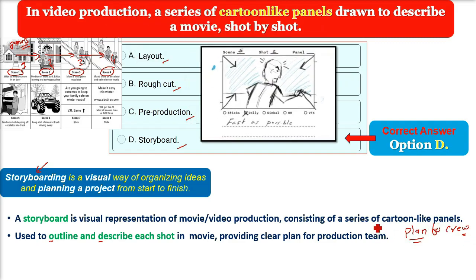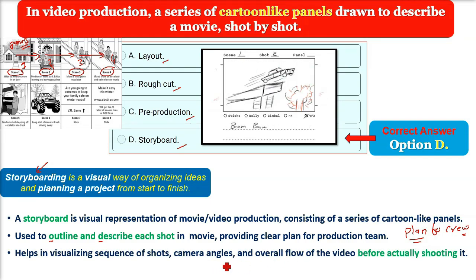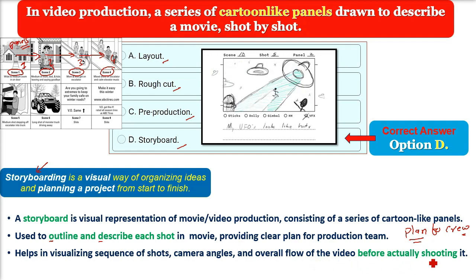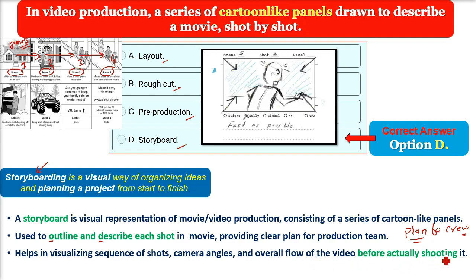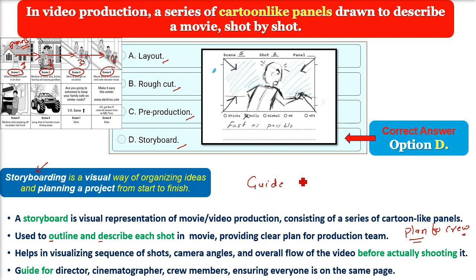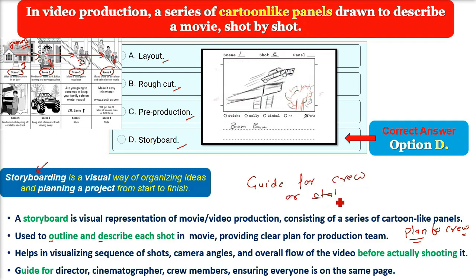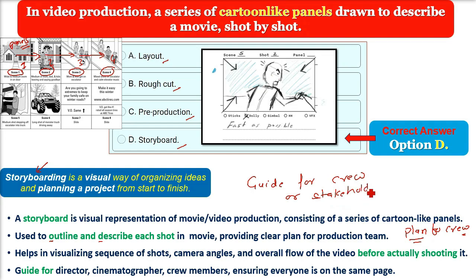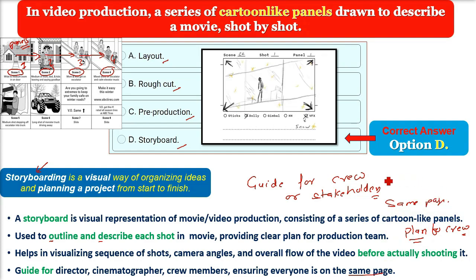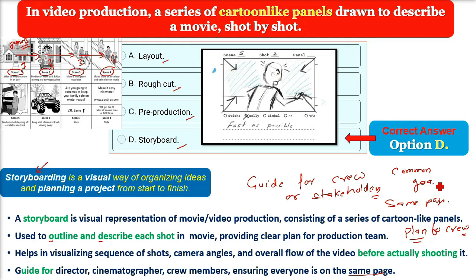This helps in visualizing the sequence of shots, camera angles, and overall flow of the video before actually shooting it. The storyboard acts as a guide for the director, for the cinematographer, and other important crew members, ensuring that everyone is on the same page and working towards a common cohesive vision and goal.